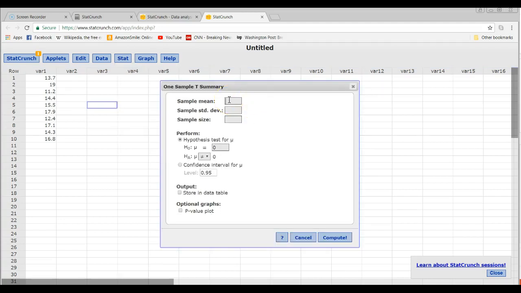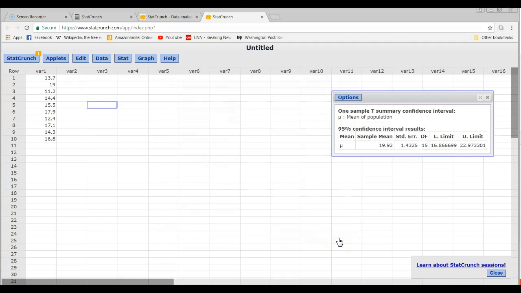The sample mean was 19.92 weeks. The sample standard deviation was 5.73 weeks. The sample size was 16. And we want a confidence interval, and again we want a 95%. So compute, and this is our confidence interval.